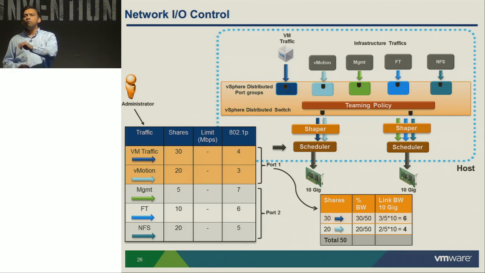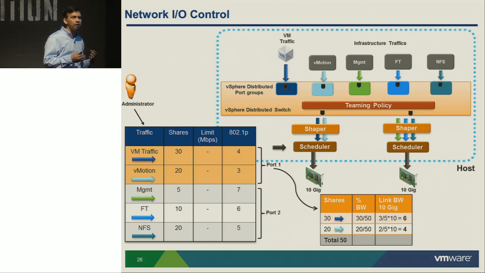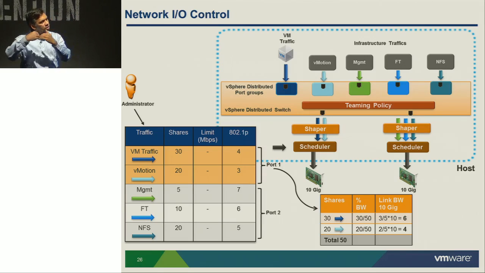But if there is no vMotion going on, virtual machine can get all the 10 gig. So that's the flexibility of using the shares configuration, where you can say that I want this share number to be higher for a particular traffic type, and then if that traffic type is not utilizing the bandwidth, those shares are provided to other traffic types.